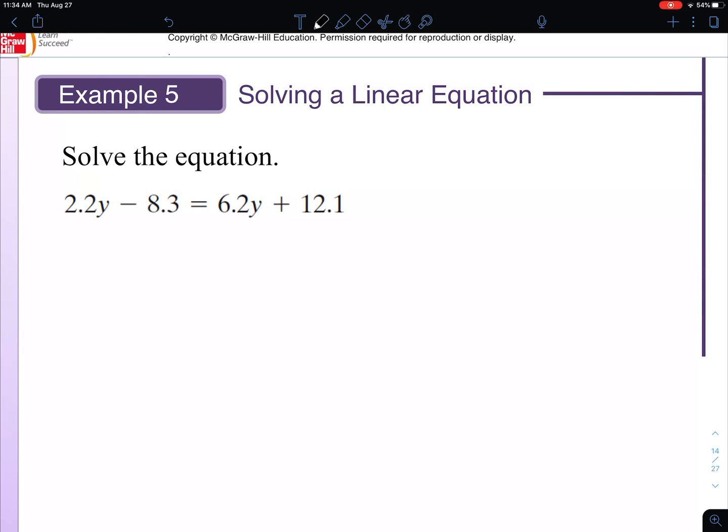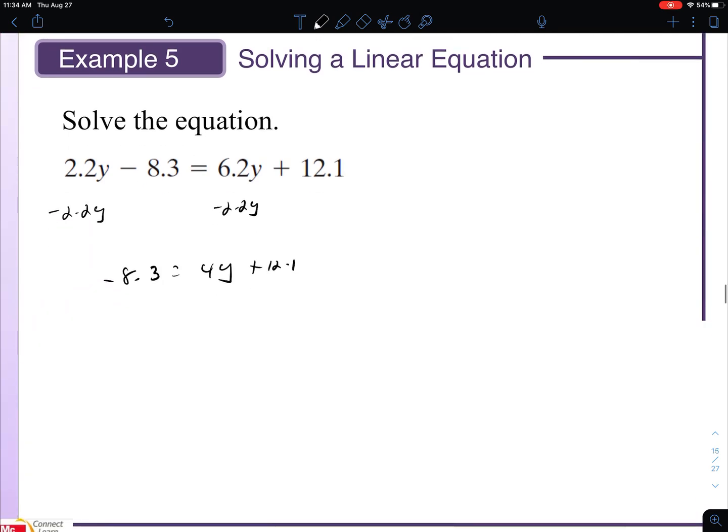So then here, what I'm going to do is, I'm still going to subtract the 2.2y from both sides. So I get 4y is equal to 4y plus 12.1. I'm going to subtract the 12.1 from both sides.